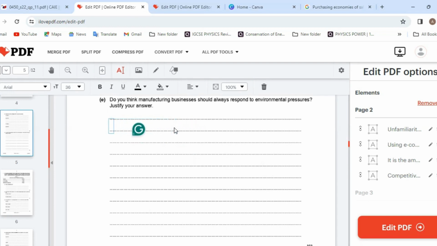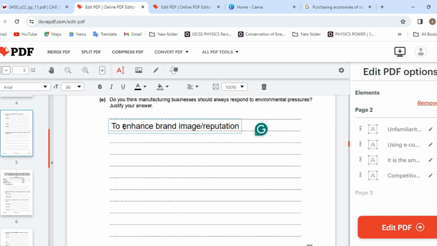To enhance brand image or reputation. Another one is what?